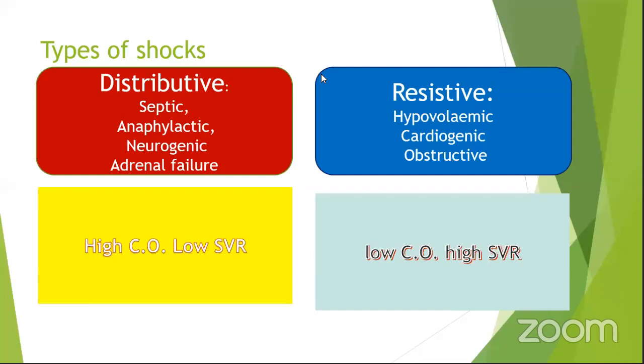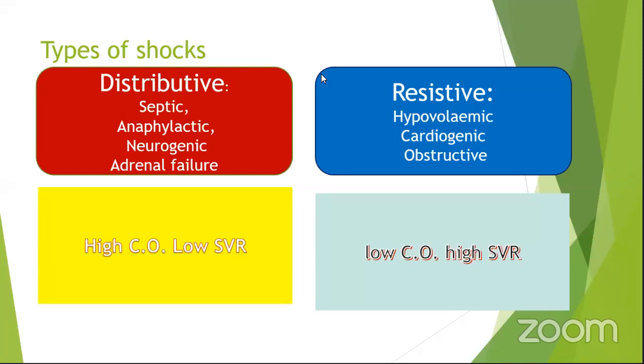As we mentioned just now, those who have distributive shock have low systemic vascular resistance because of vasodilatation. In addition, they try to compensate with high cardiac output. Examples are septic shock, anaphylactic shock, neurogenic shock, or adrenal failure.